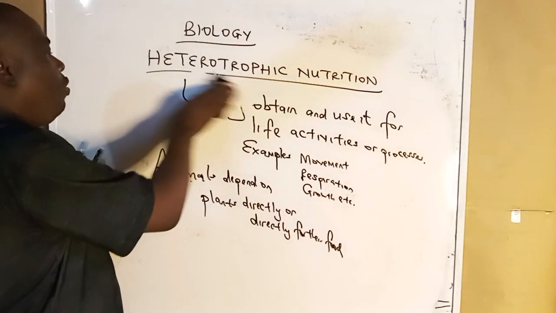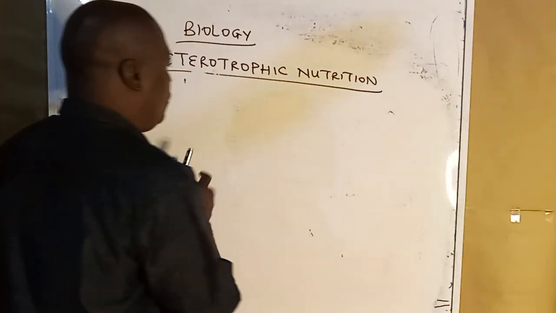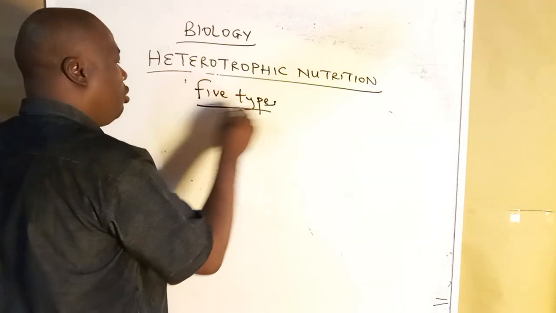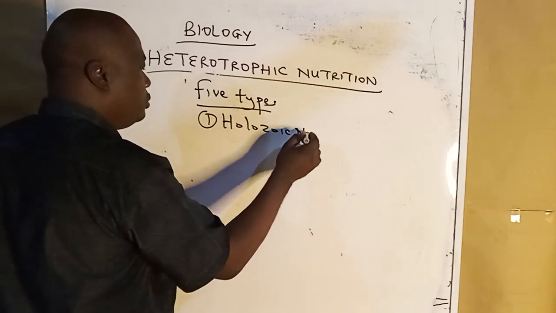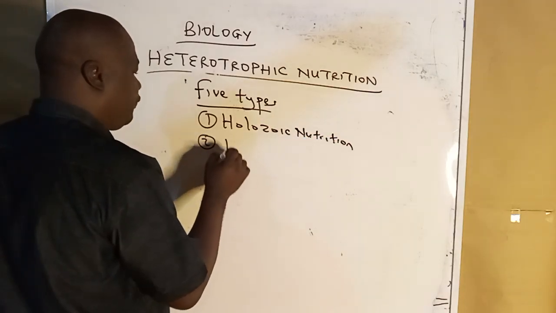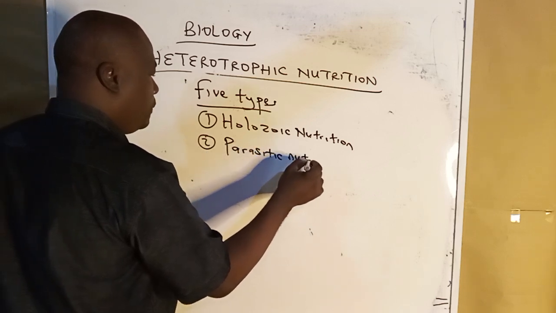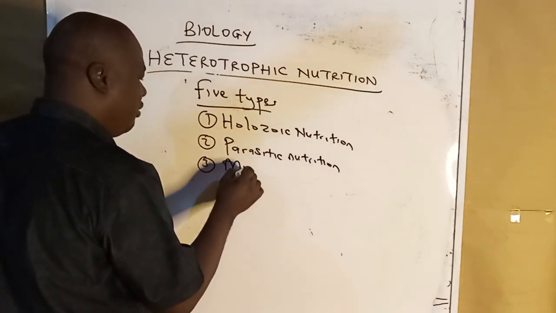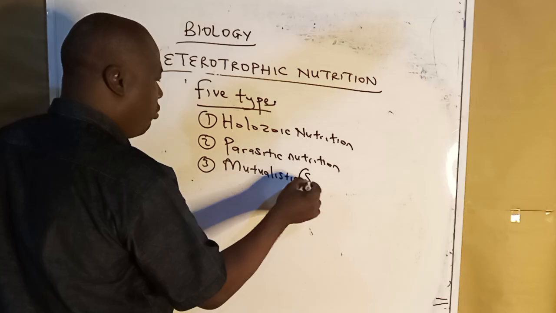So the main modes of nutrition here, there are 5 types. I'll list them for you. The first one is holozoic nutrition. Second one is parasitic nutrition. The third one is mutualistic nutrition, or it used to be called symbiotic, but I'll call it mutualistic or symbiotic nutrition.